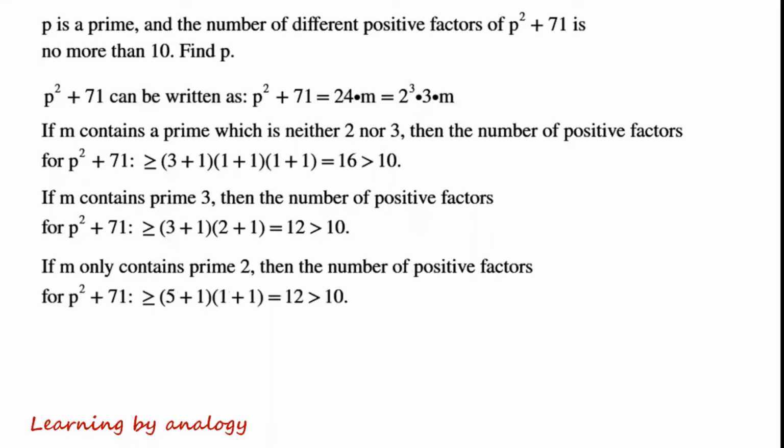If m only contains the prime number 2, then the number of positive factors for p squared plus 71 is greater than or equal to 5 plus 1 times 1 plus 1, which is equal to 12, which is greater than 10.